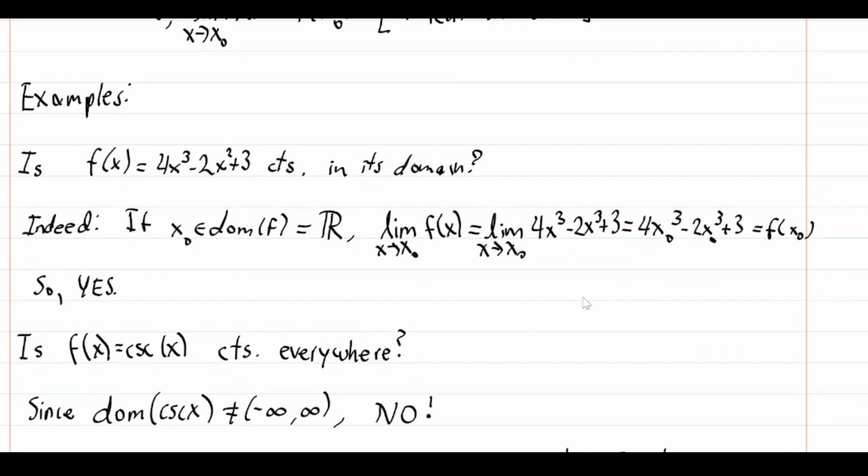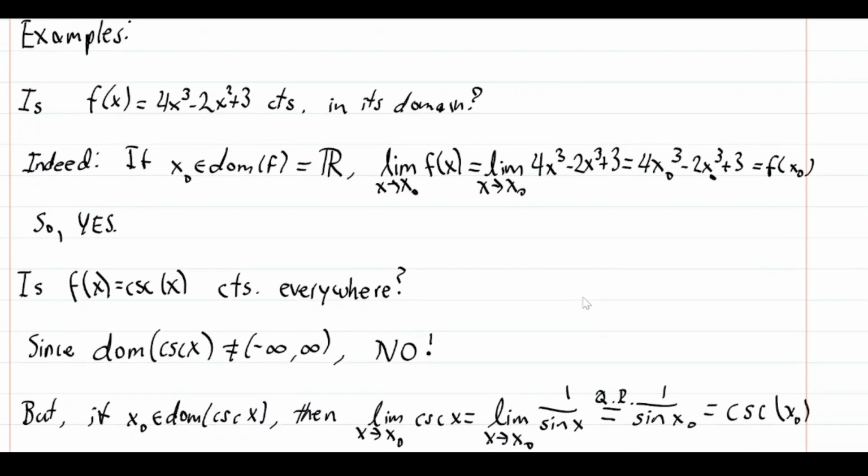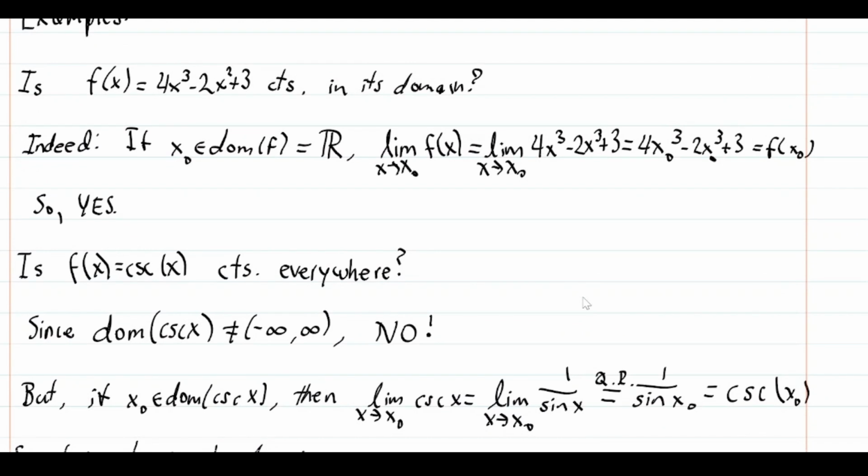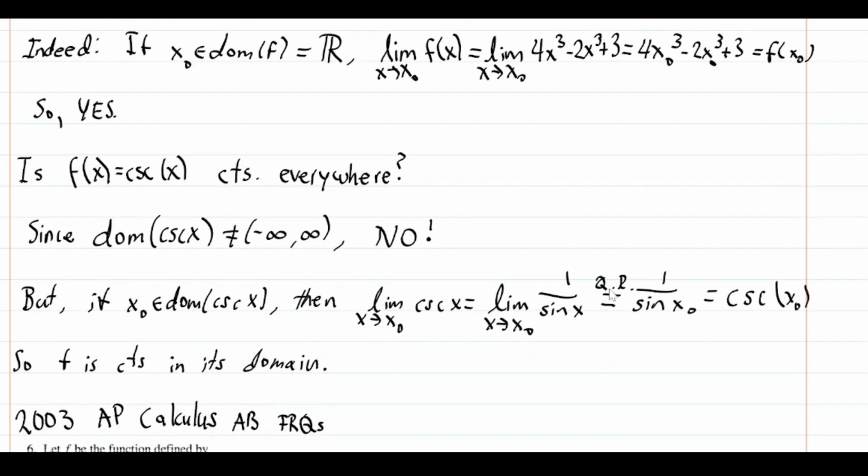So of course, no, it cannot be continuous everywhere. We already talked about that. But if x naught is in the domain, then the limit as x approaches x naught of cosecant, which is 1 over sine, by the quotient rule is 1 over sine of x naught. So f is continuous in its domain, but the domain is not all real numbers, so it doesn't work.